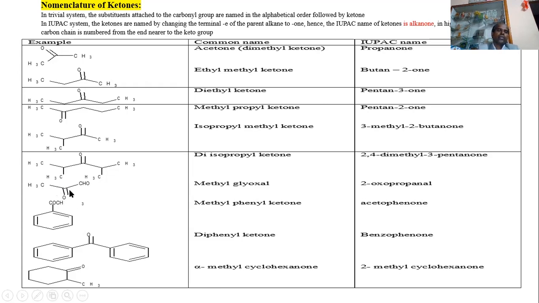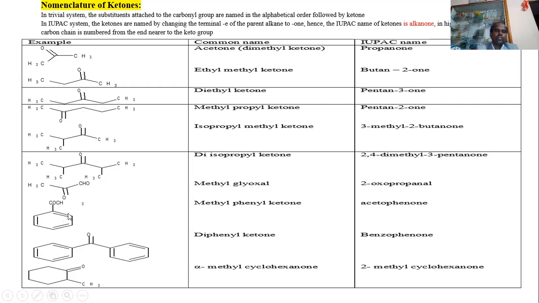When we make the ketone a substituent, we say 2-oxopropanal. 2-oxopropanal is the IUPAC name.